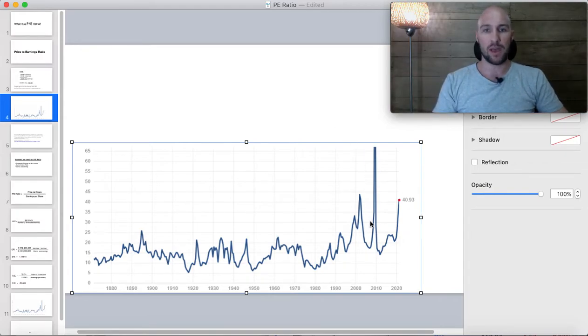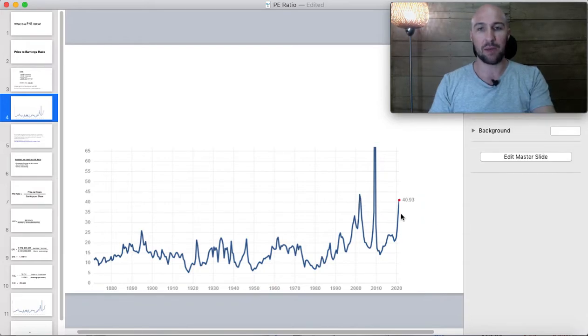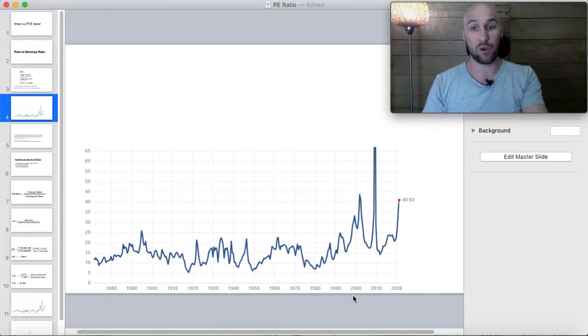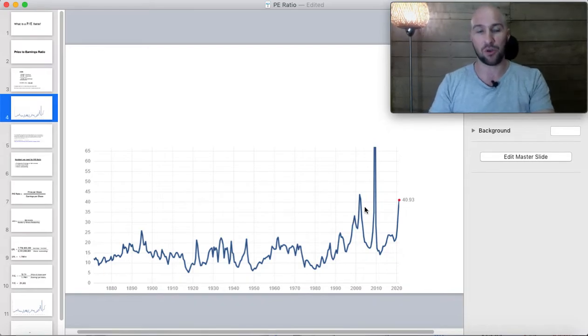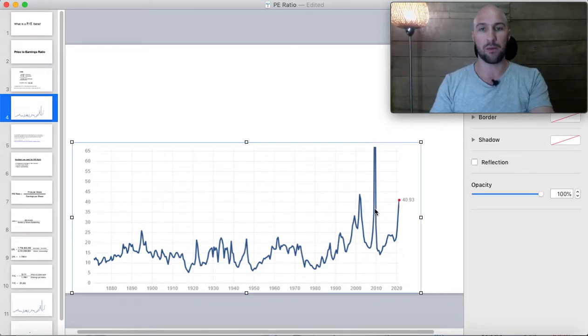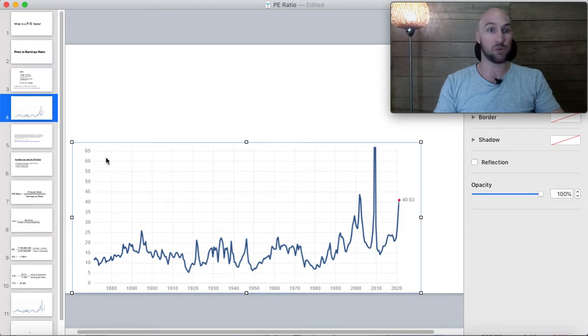In 2008, you'll see here that it traded around about 45. And you know what happened in 1999 was the dot-com crash, so that didn't work out so well. Previously, in 2008, another crash was at 65.